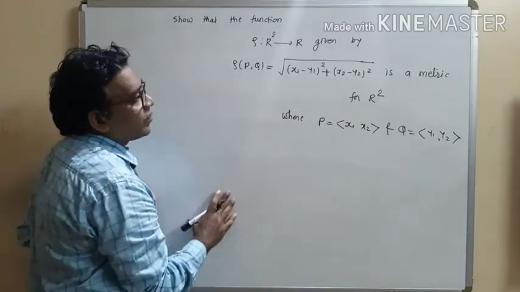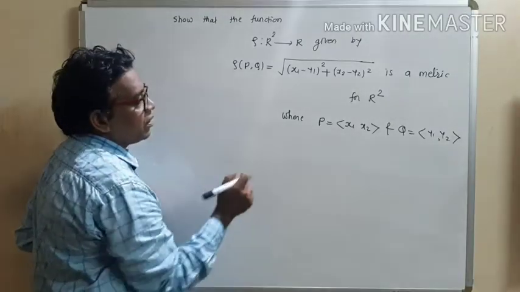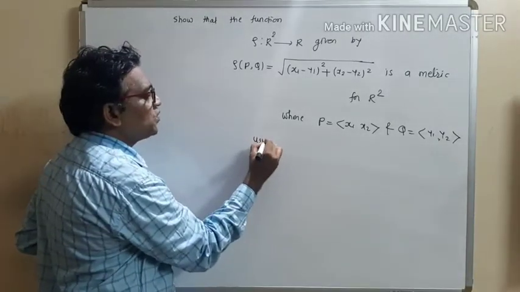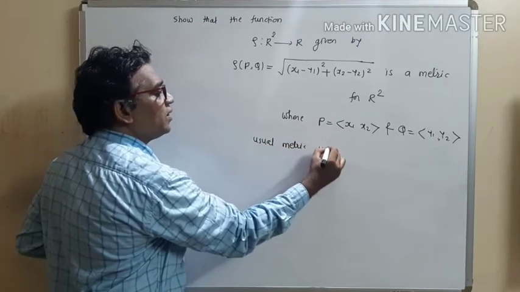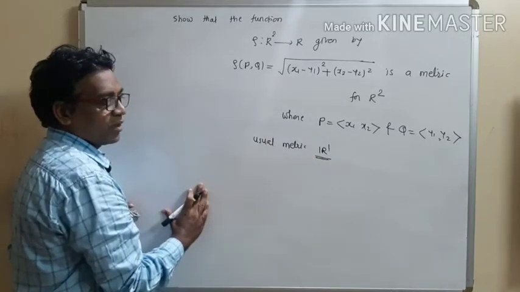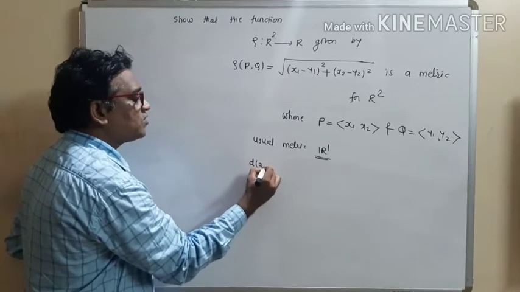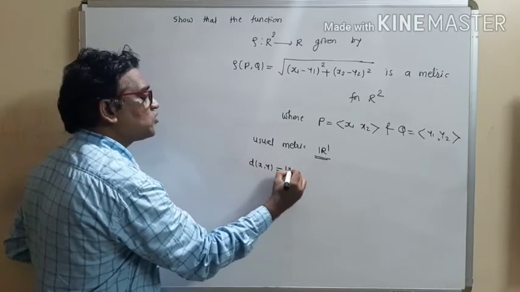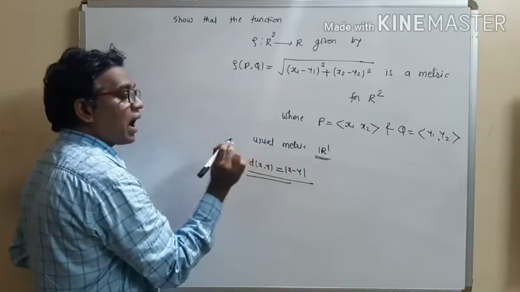Now, in the previous video, we have seen the usual metric, or absolute metric, denoted by R1. What is the usual metric for R1? It is given by the distance of xy is equal to mod x minus y. This is the usual metric for R or R1.